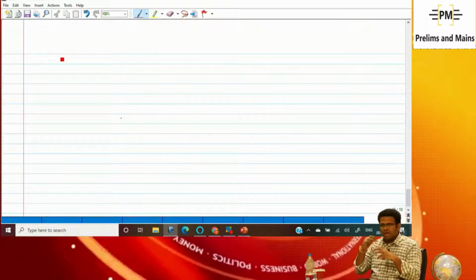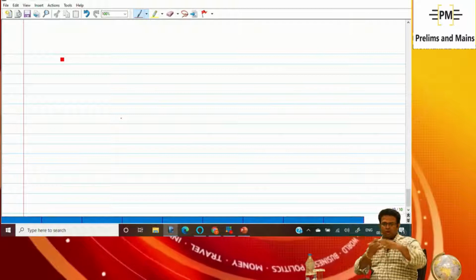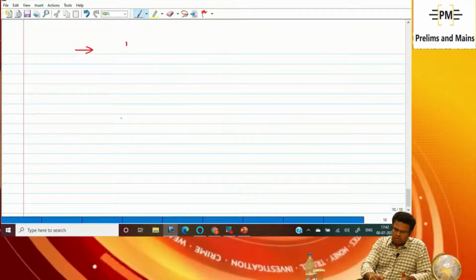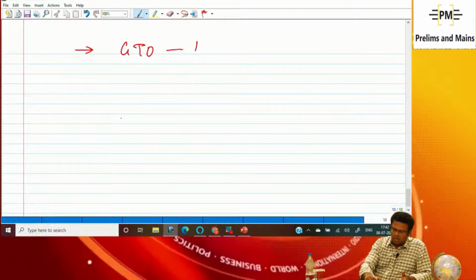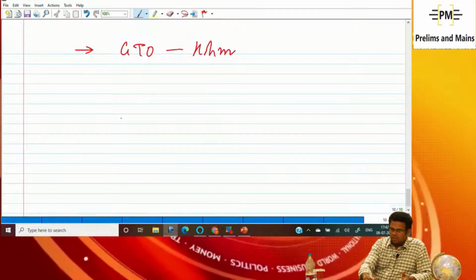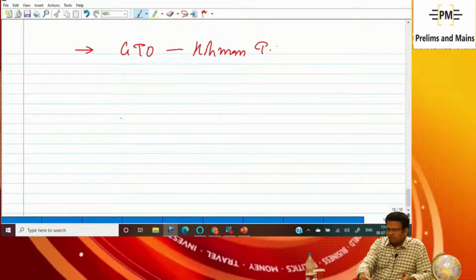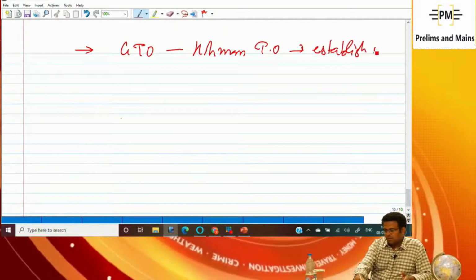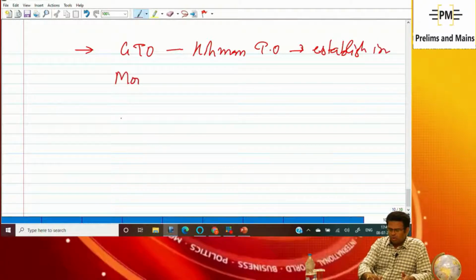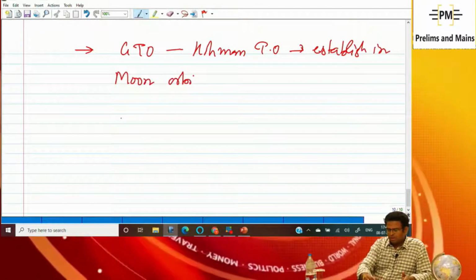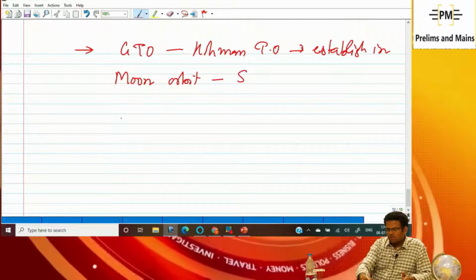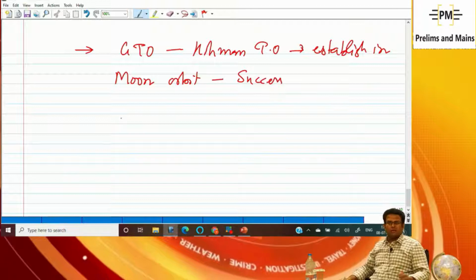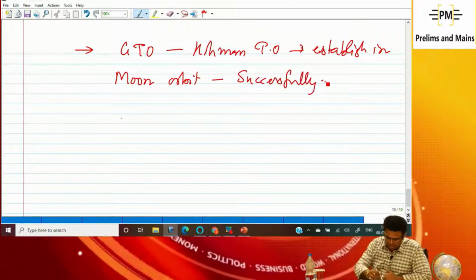Similarly, with the help of GSLV Mach 3, through the geosynchronous transfer orbit or Hohmann transfer orbit, we were able to establish it in moon orbit successfully.